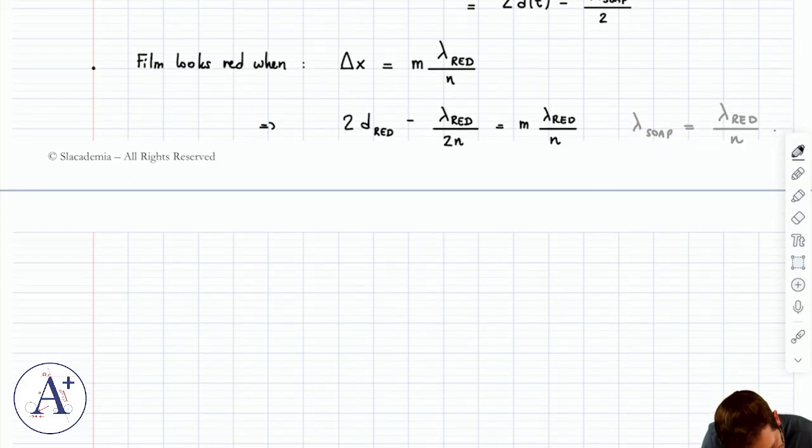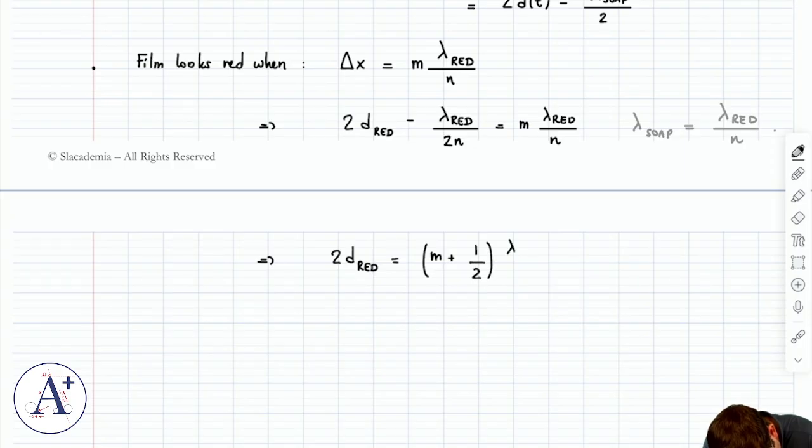Okay, so I need 2d red to be equal to m plus 1/2 lambda red over n. Okay, and I can divide by 2 for that matter, and I get this.